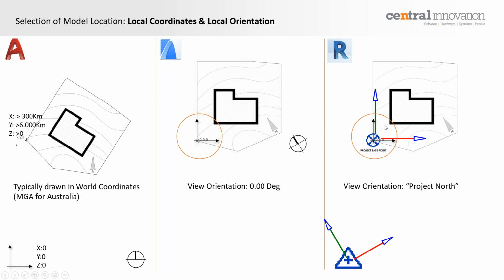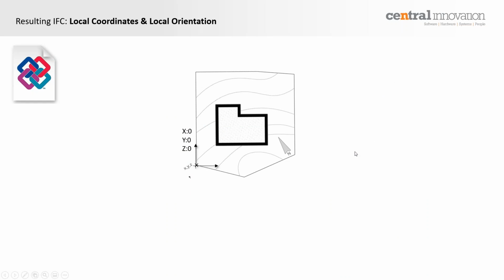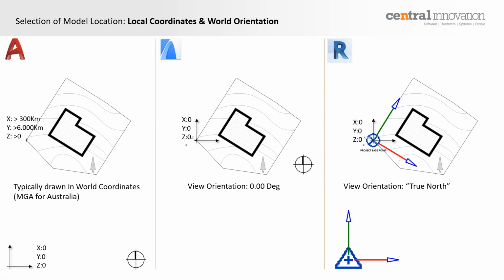The result of having that on an IFC file will be that the IFC will be sitting at X, Y, and Z right there when both files had shared their origin, right? So there's no mystery there. It's pretty much what you have is what you see on the IFC. So that's the most simple situation.